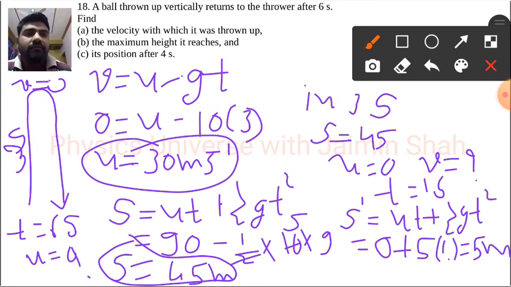So here 5 meter it covers in the downward direction, right? So if 45 is our height and 5 is less than the previous one, now its position from the ground is 40 meter. So 40 meter is the current position at 4 seconds from the bottom, right? So from the bottom, 40 meter is the position in 4 seconds.